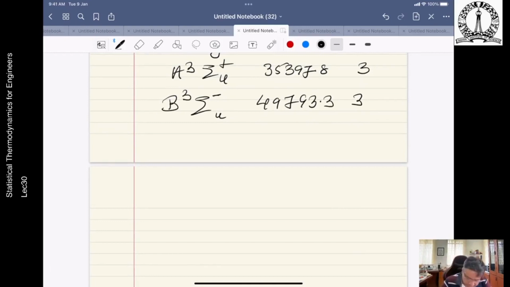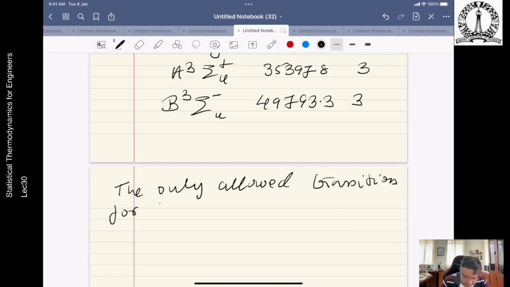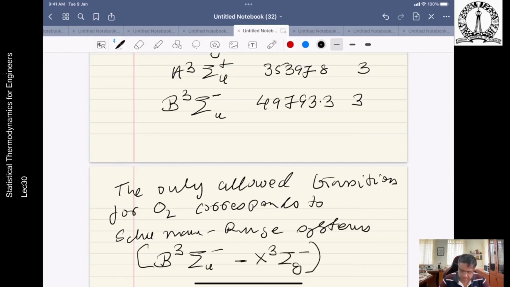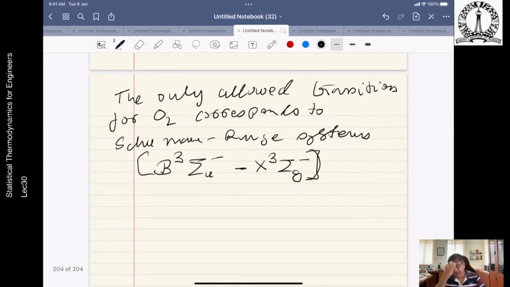The only allowed transitions for oxygen correspond to the Schumann-Runge system, which would mean B3Σu minus to X3Σg minus, which accounts for this.